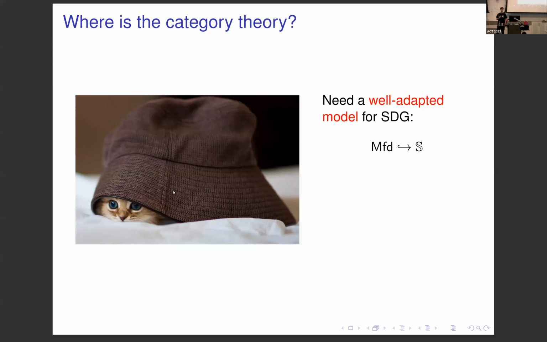So when we work in naive differential geometry, we're of course working on the syntactical side, and we can do that because there is categorical logic which tells us, yes, you have models for that. These models are called well-adapted models. So this is a full embedding of the category of manifolds into some Grothendieck topos, and this has particular properties.